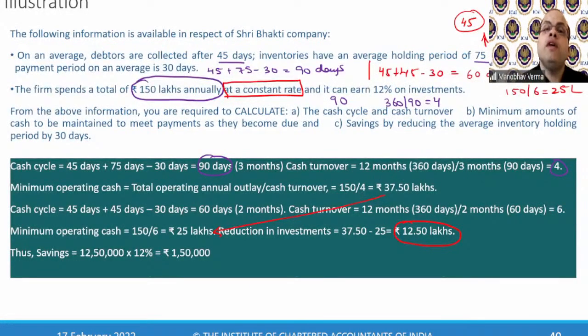Because the 150 lakhs annual expenditure doesn't change and is spread throughout the year, we are talking about keeping a minimum cash of 150 divided by 6, that is 25 lakhs. Earlier we needed 37.5, now we need 25. That means a reduced requirement of holding cash by 12.5 lakhs, which could be invested temporarily to earn a 12% return. That means I am getting a return of 1,50,000 here. Charu, I hope that is clear.